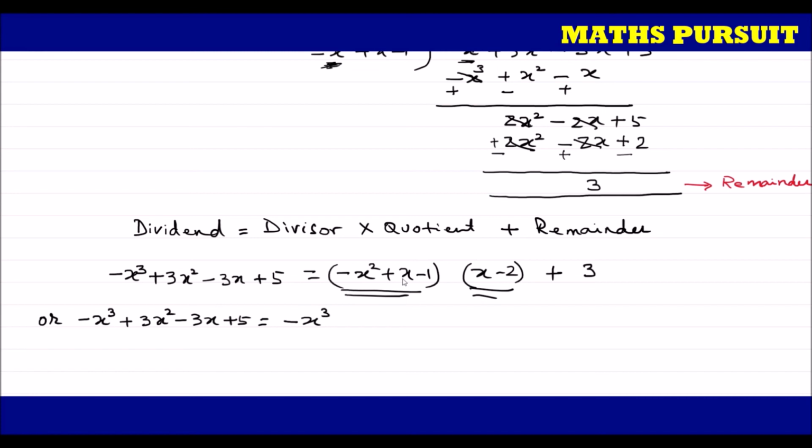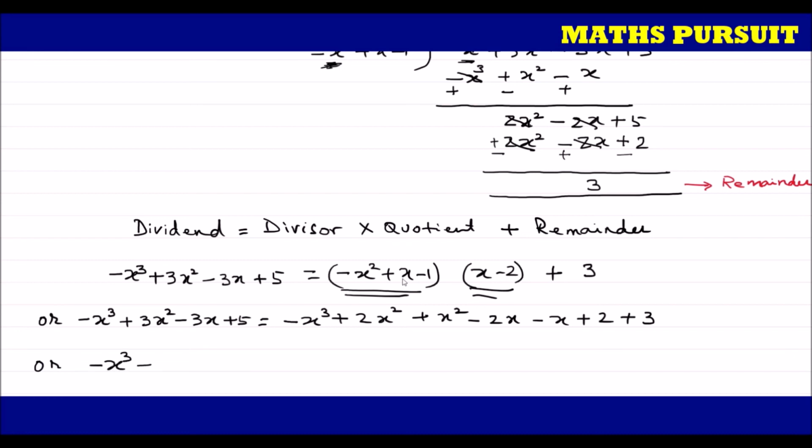Minus x to the power 2 into minus 2 is plus 2x to the power 2. Then plus x into x is plus x to the power 2. Then plus x into minus 2 is minus 2x. Then minus 1 into x is minus x. Minus 1 into minus 2 is plus 2. And we have here plus 3.